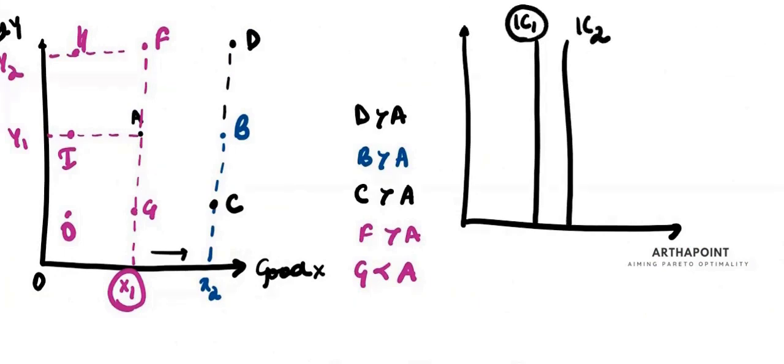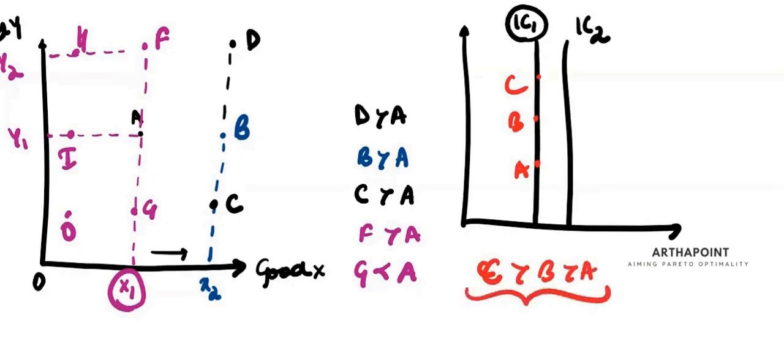Suppose I take different points on IC1, a point A, point B, point C, etc. Clearly, all of them have the same amount of good X, but C has more of good Y than B, and B has more of good Y than A. So they should not be lying on the same indifference curve.